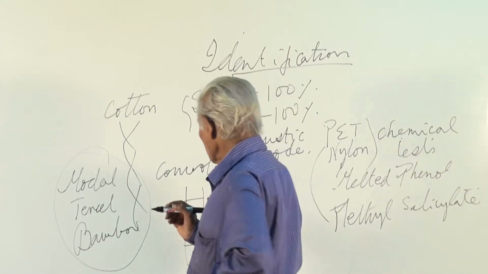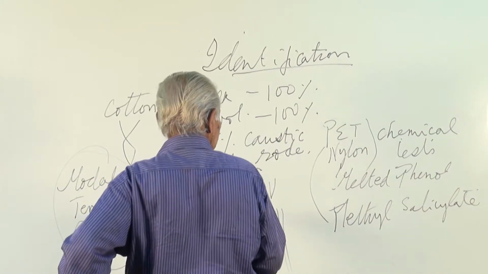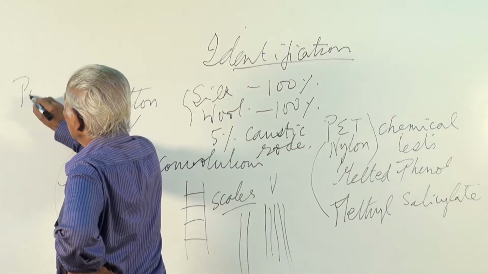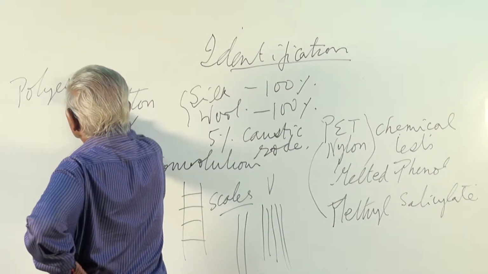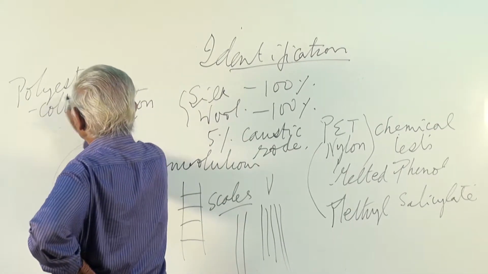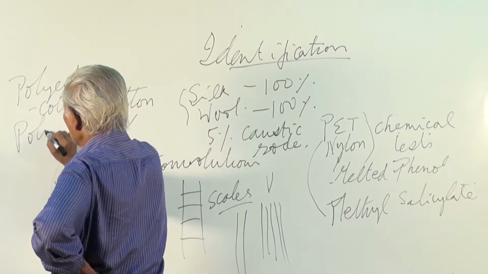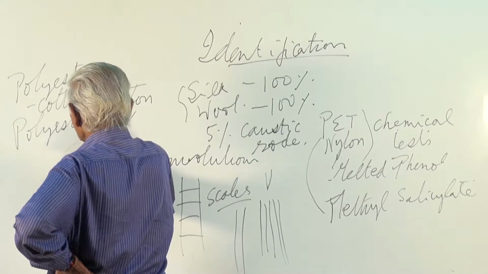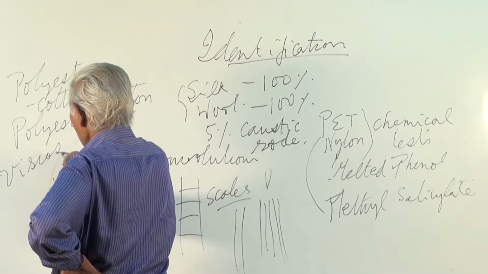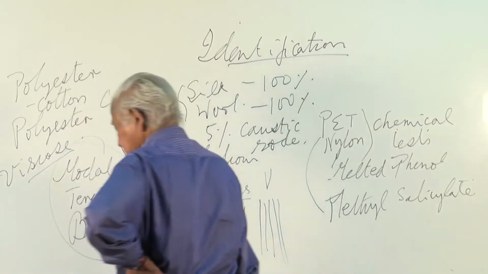Now let us see how the blend composition of a polyester cotton material, which is widely used, or polyester viscose, is determined.